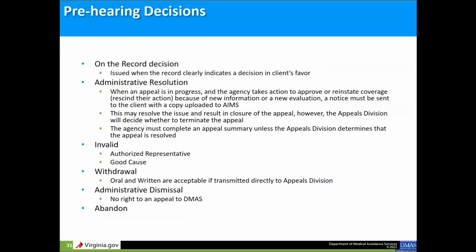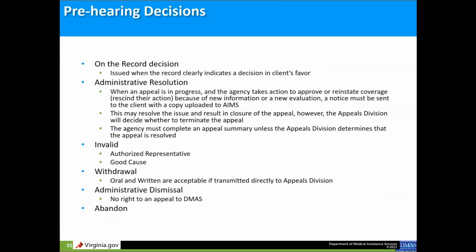For this reason, it's important to send a notice identifying coverage that has been continued at the request of DMAS, if appropriate to the case, so that we can avoid confusion, as I've discussed before.